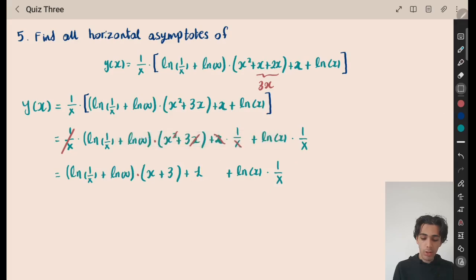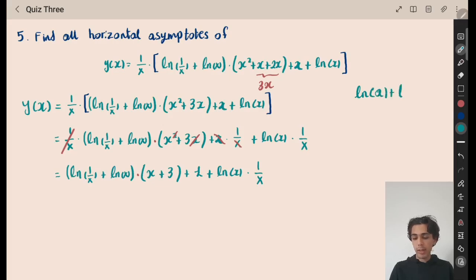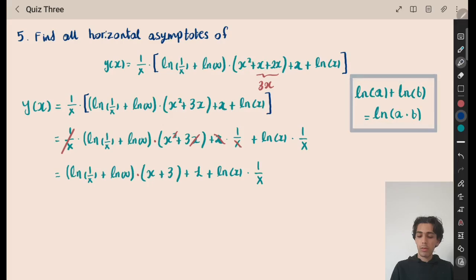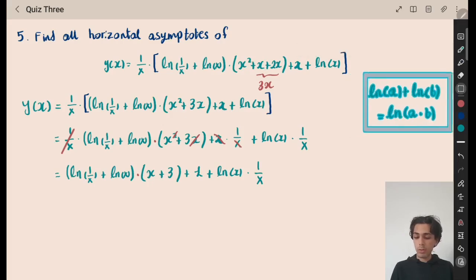But then it actually goes on. Because by the property of logarithms, if I have logarithm of a, and I'm adding that to the logarithm of b, then this is actually equal to the logarithm of a times b, which is cool. Why do I say that it is cool?